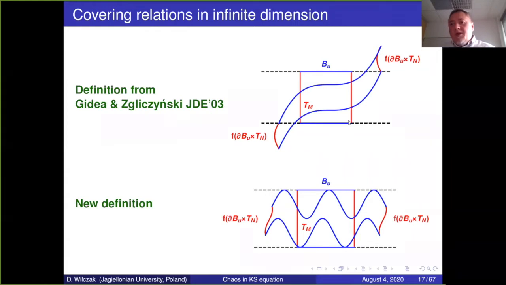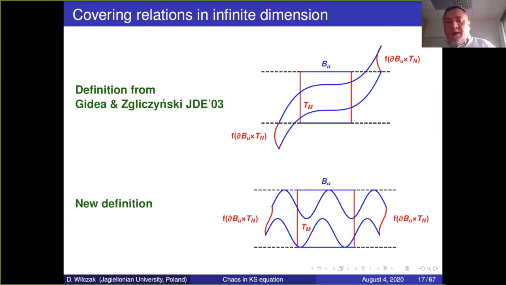In infinite dimension, we cannot talk about the interior of the set, so we assume that we have to stay in the strip. We can touch the boundary here, but we have to live in the strip. This is the major difference. This infinite dimensional version also applies to the finite dimensional case as well.